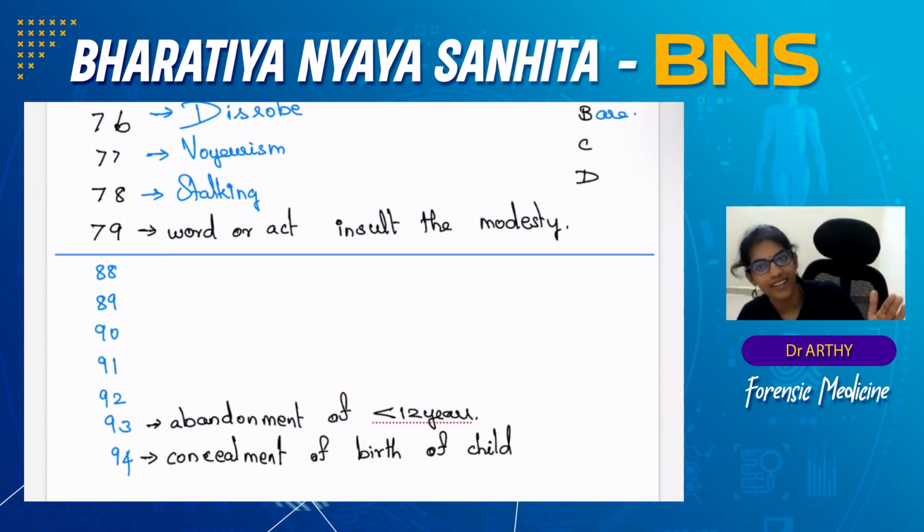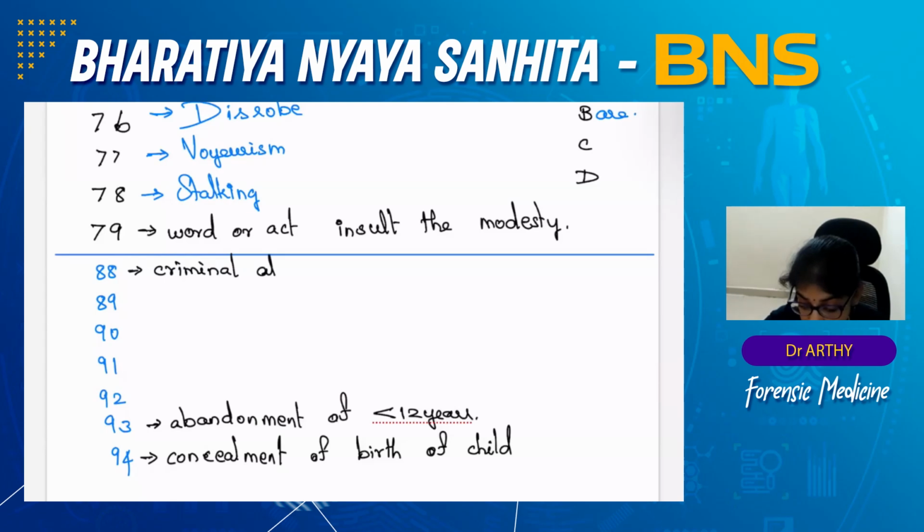Now, above that, 88 to 92 talks about criminal offense, criminal abortion. Let's see about 88 IPC. 88 IPC is when the abortion is with the consent of the mother.